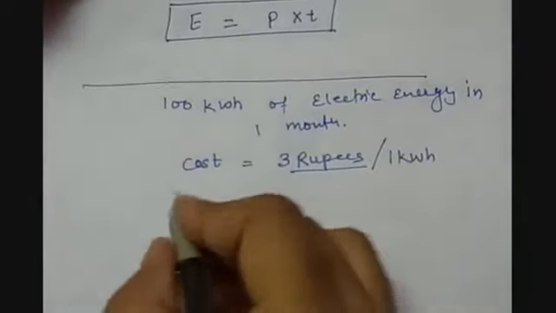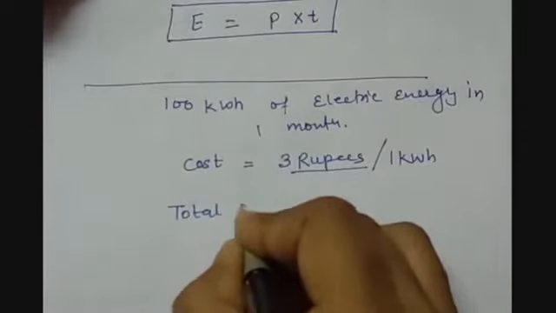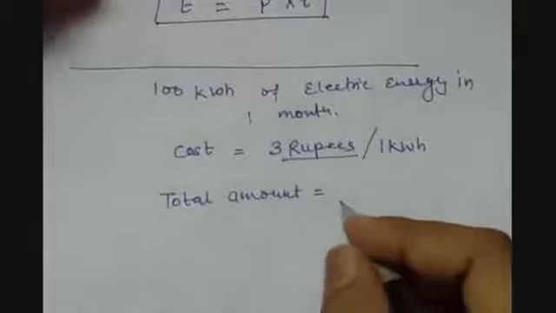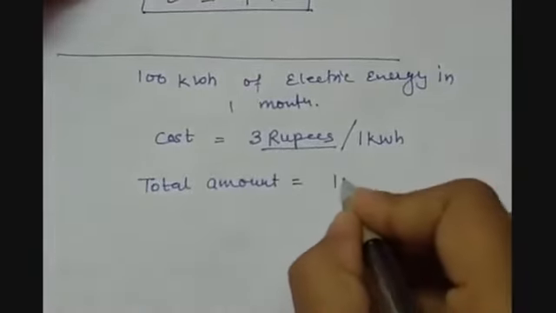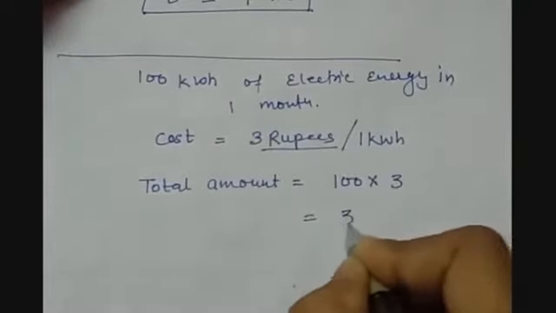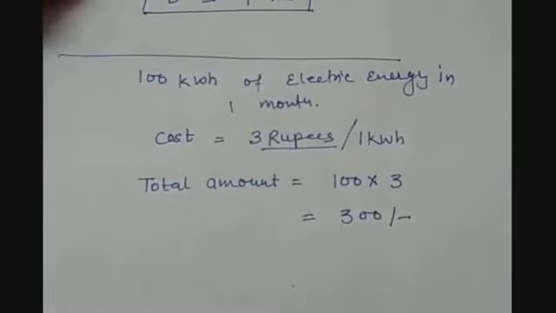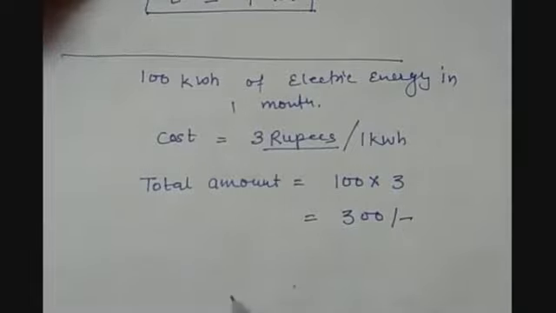So the total bill or the total amount that we have to pay to the electric board for using the electrical energy is 100 into 3. So that will be 300 rupees. So this is how we calculate the electricity bill.